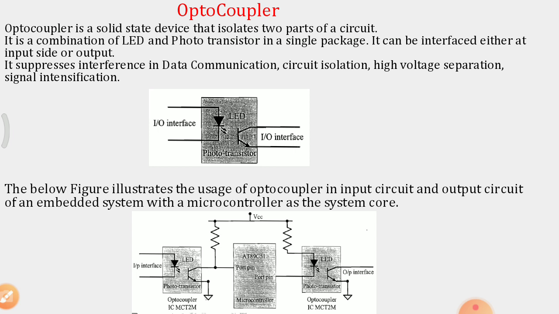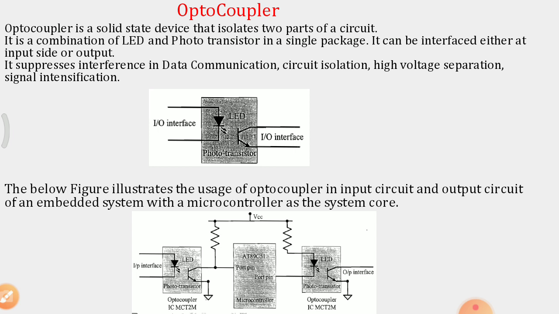Whenever the LED is emitting light, the phototransistor is activated. If the LED is not emitting any light, then the phototransistor will be deactivated. So there will be no connection between the input and output interface parts.